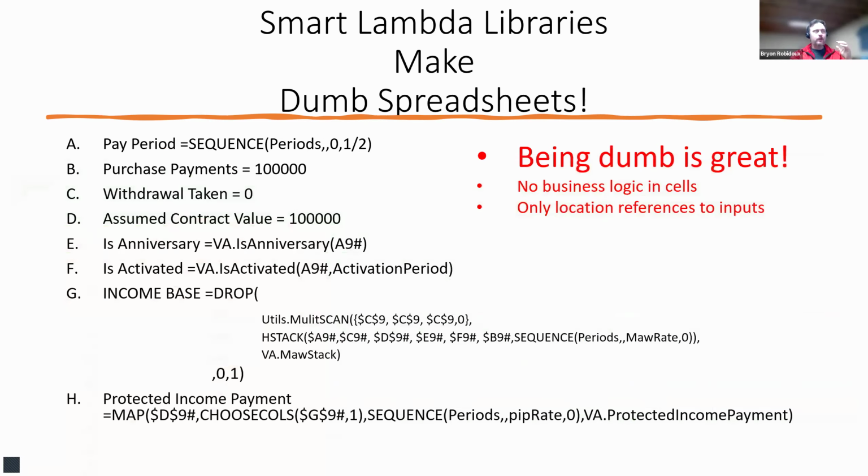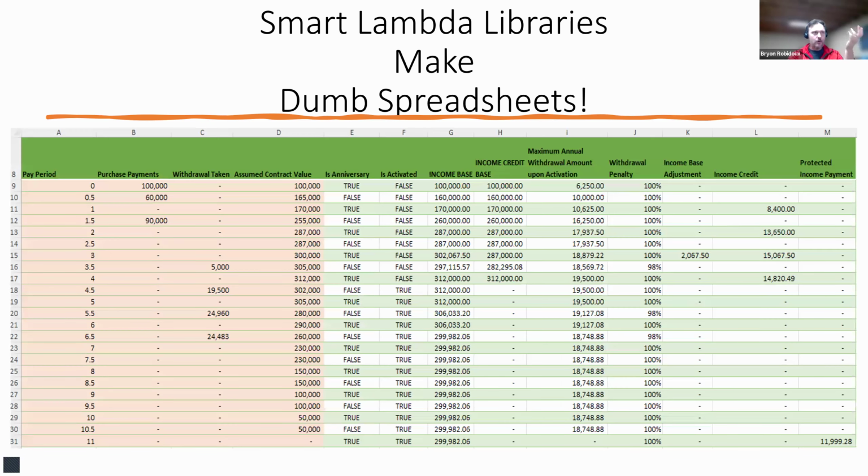Because what we want to do is create a Lambda library, so we use these functions and create these libraries, and then we can make dumb spreadsheets. And being dumb in this case is a good thing, because you don't need to look at this code in detail. It's not really that important, other than that you don't see any logic in it on how to calculate a variable annuity, even though this is the exact logic that is calculating what you see in front of you.